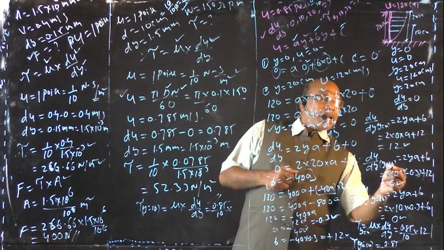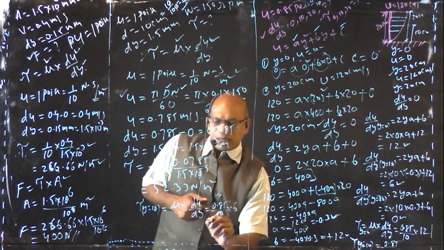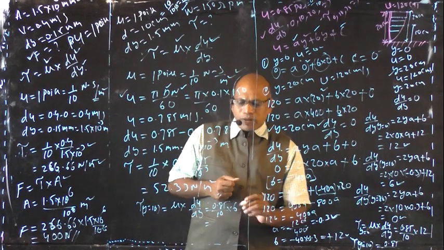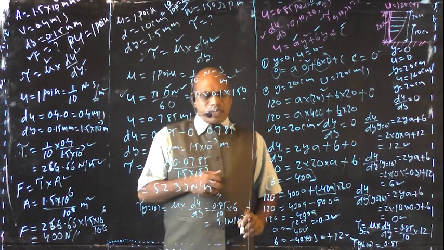Du by dy at y is equal to 10 is equal to 6. This is equal to 5.1 Newton per meter square.